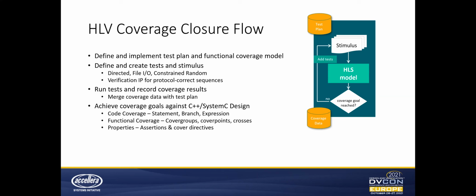Once we've defined our tests and our stimulus, we run those against our pre-HLS design. We capture our results and coverage and merge that with our test plan. And as part of this activity, we're able to collect code coverage metrics such as statement, branch, and expression coverage against our pre-HLS design as it's being exercised within our standard test bench.